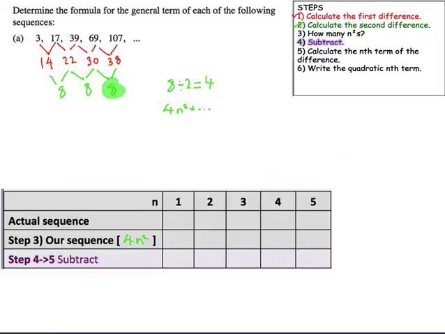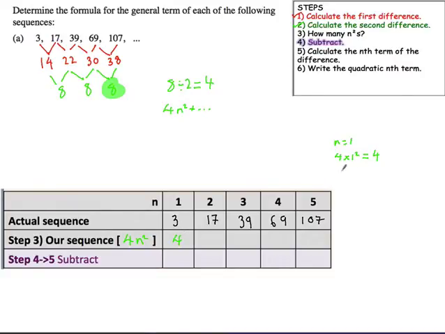The actual sequence is 3, 17, 39, 69, and 107. Our sequence, when n equals 1, has 4 times 1 squared, which equals 4 times 1, which equals 4.